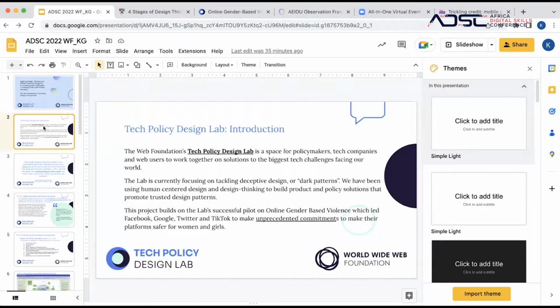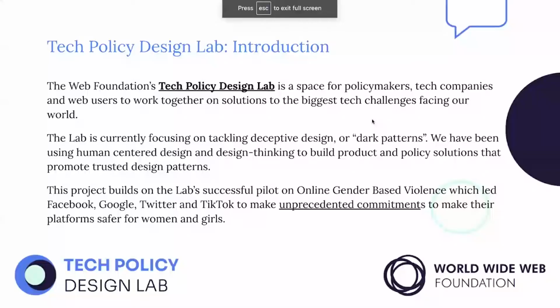So with what Katherine just shared, that was how we've actually managed to apply these in our projects. And in my presentation, I'll be sharing more about how we do what we do.